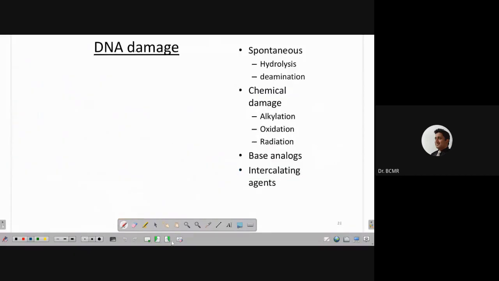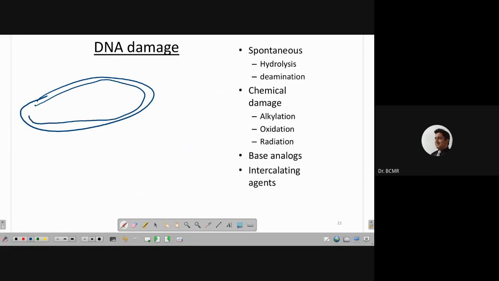So that is about DNA replication, errors, and mismatch repair mechanisms. We have also learned about slippage, in which insertions and deletions can also happen. Now we are trying to learn what happens to DNA in a cell.